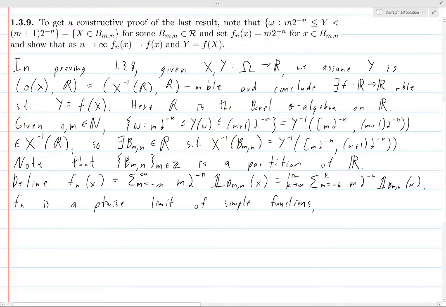And so this converges pointwise, and it converges pointwise for every point. All the functions in here are simple functions. So F_n is a pointwise limit of simple functions.